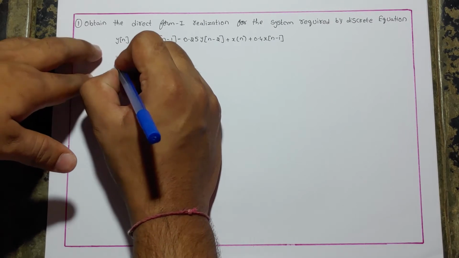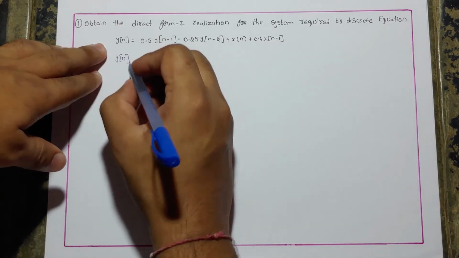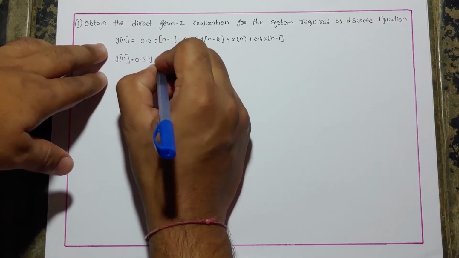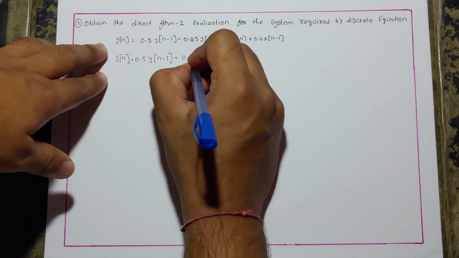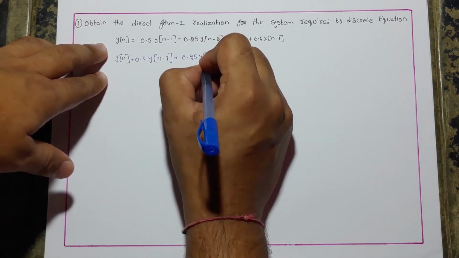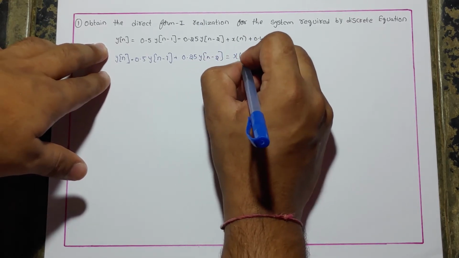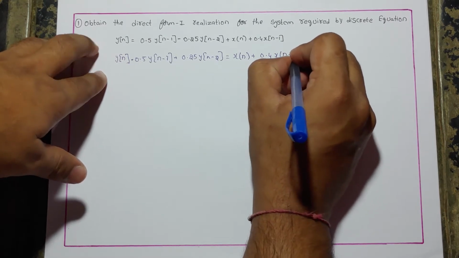That is, let us bring y of n terms in the left hand side. That is, y of n minus 0.5 times y of n minus 1 plus 0.25 times y of n minus 2 is equal to x of n plus 0.4 times x of n minus 1.